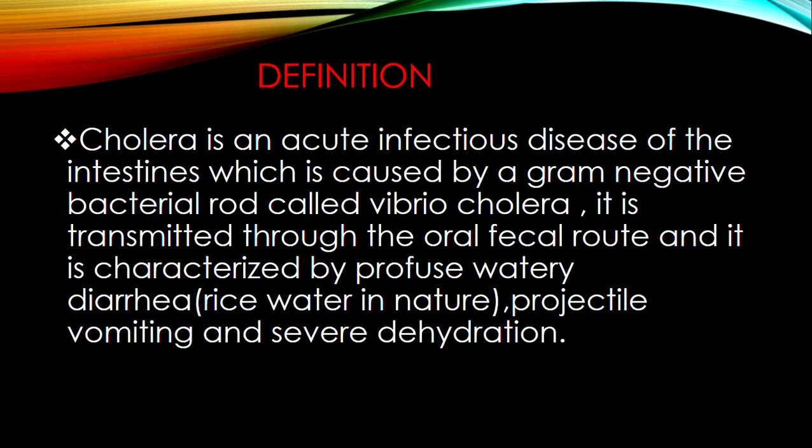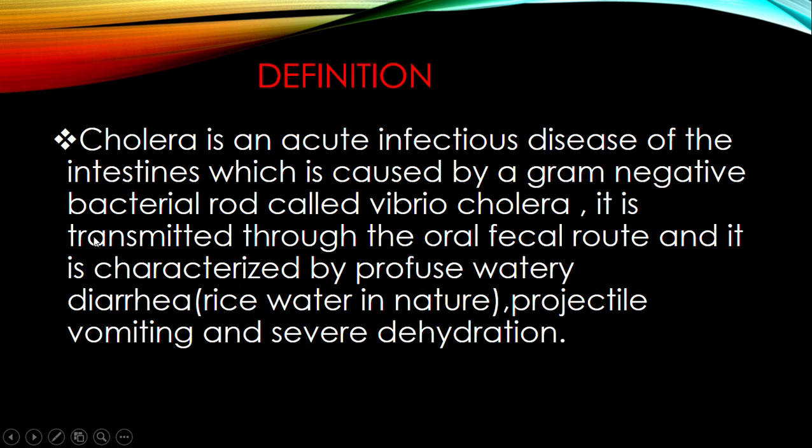So now let's go on to look at the definition of cholera. How can we define cholera? We can define cholera as an acute infectious disease of the intestines which is caused by a gram-negative bacterial rod called Vibrio cholerae. It is transmitted through the oral-fecal route and it is characterized by profuse watery diarrhea, which is rice-water-like in nature, projectile vomiting, and severe dehydration.